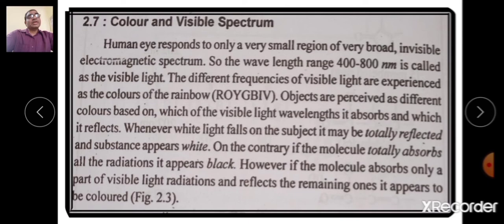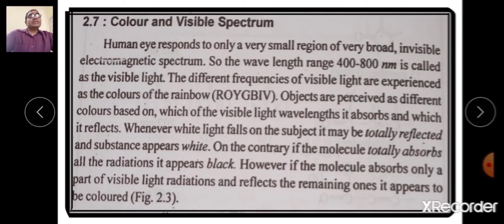The second variety is when all light which falls on the compound is totally absorbed, and therefore there is no reflection of the light, our eye can't see any light, and therefore the compound appears black.